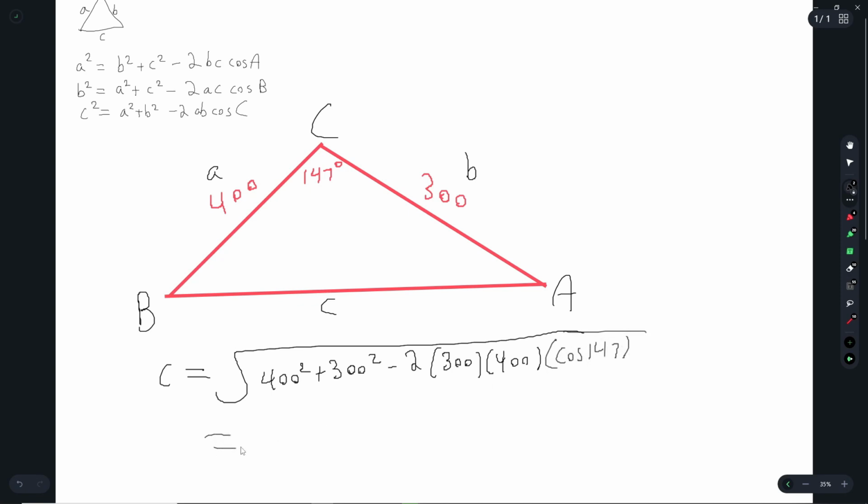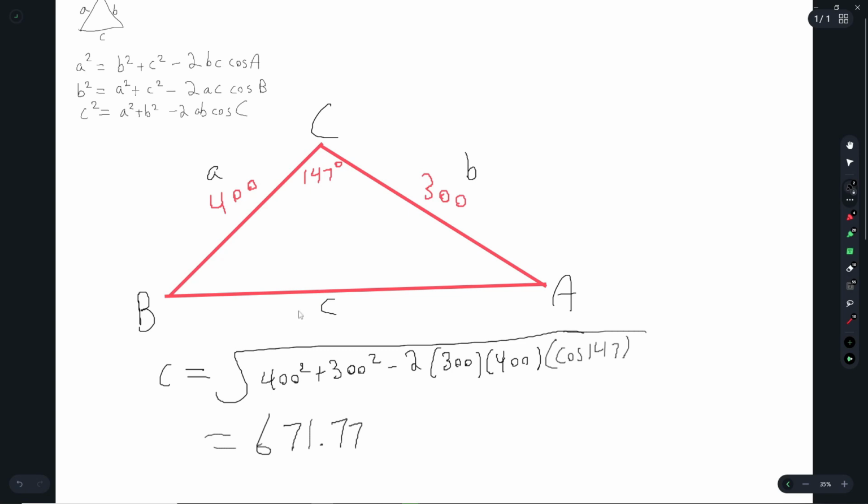Then you do this on the calculator. So 671.77.